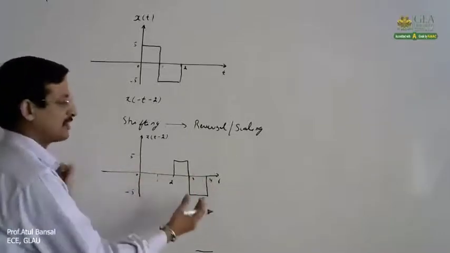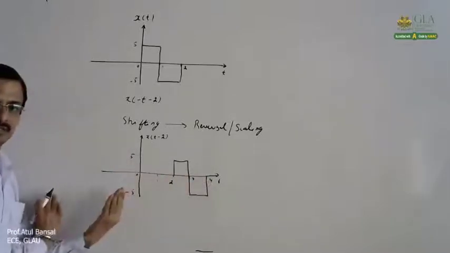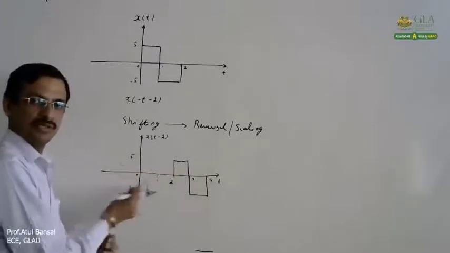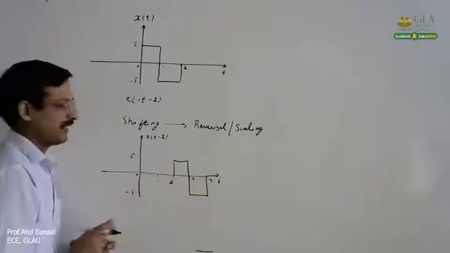Now, what will happen? Reversal. Whatsoever is at this side will get reversed across the y-axis. So whatsoever is at 2 will become minus 2, 3 at minus 3, 4 at minus 4.